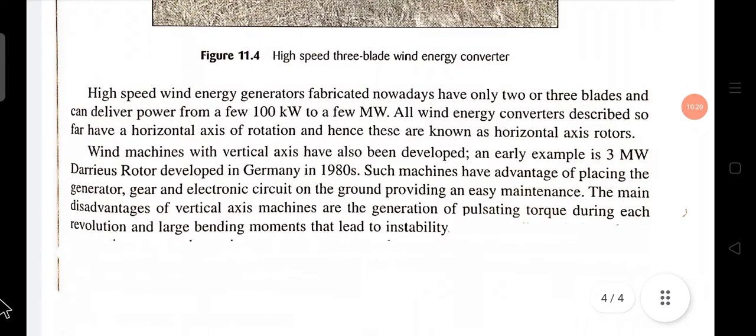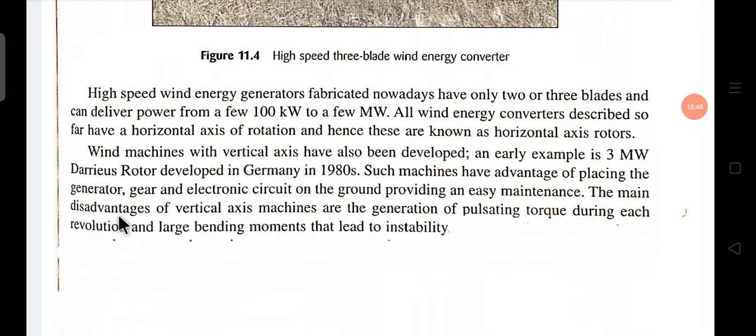But wind machines with a vertical axis have also been developed. An early example is the 3 megawatt Darrieus rotor developed in Germany in 1980. Such machines have the advantage of placing the generator, gear and electronic circuits on the ground, providing easy maintenance.